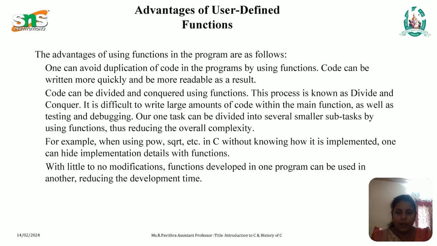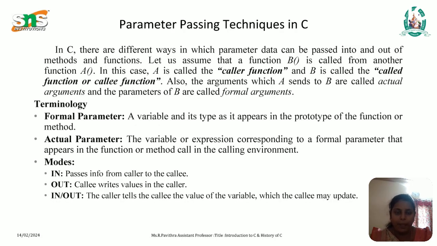The next point: when using pow, square root, etc. in C without knowing how they are implemented, one can hide implementation details with functions. With a small number of modifications, functions developed in one program can be used in another program, reducing the development time.